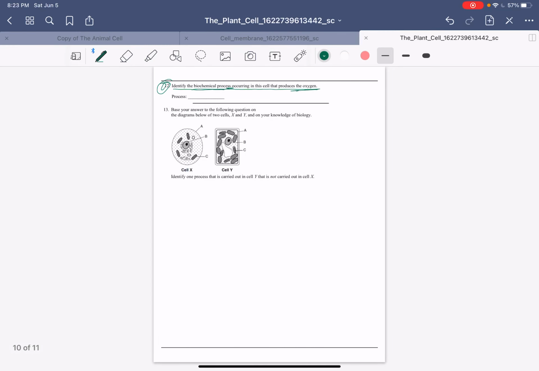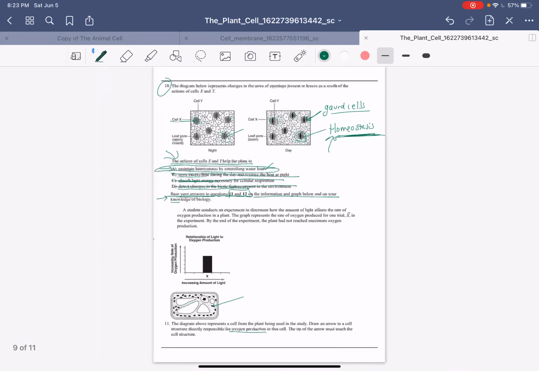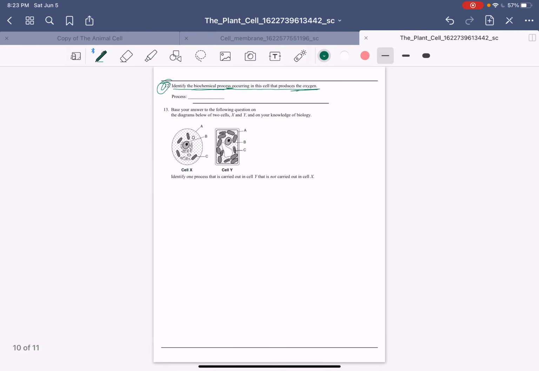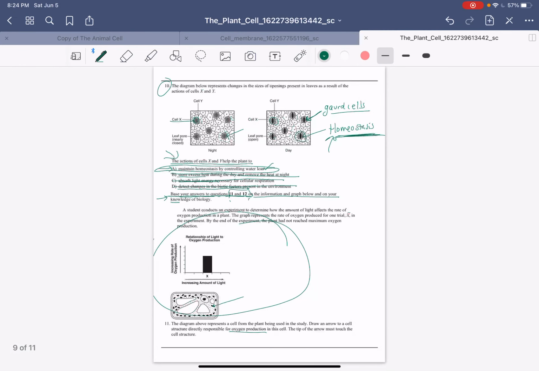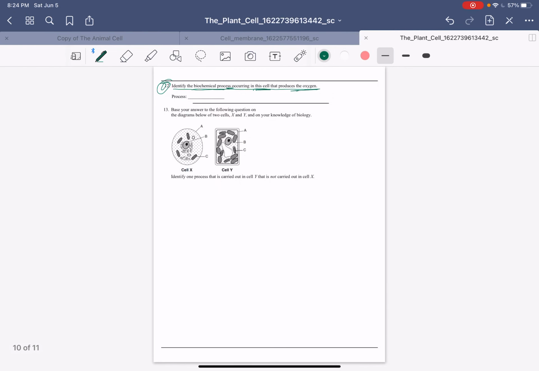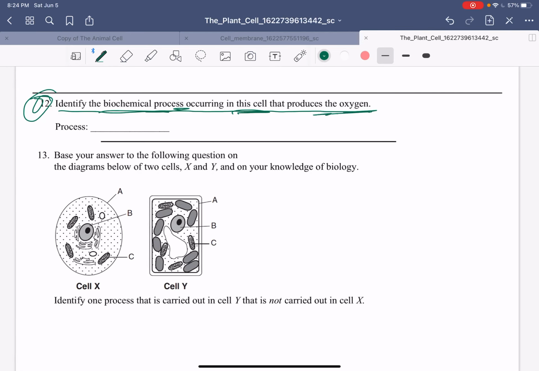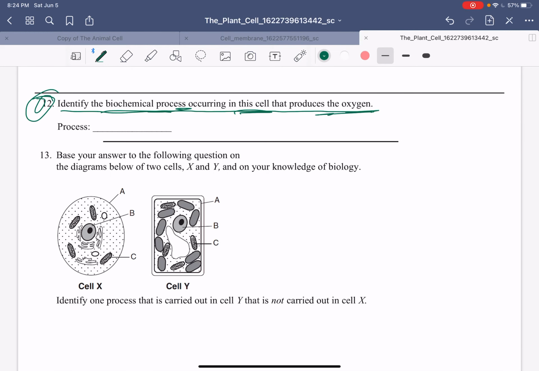Don't ever let that happen to you, that you have no idea what's going on in the question because you forgot that this information is for 2 questions, because you could probably ask yourself, what cell? In this cell, what cell? This cell. This plant cell. The process, the biochemical process that makes oxygen, that's photosynthesis.